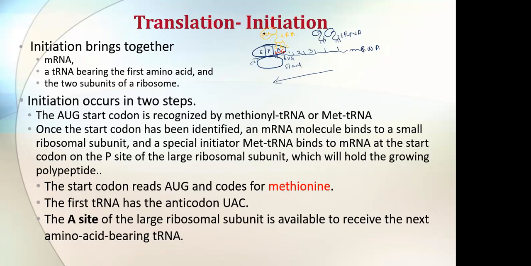So basically over here, this tRNA will carry that methionine amino acid. Okay, now once this codon and the anticodon fit, then the tRNA and the mRNA will move one side.